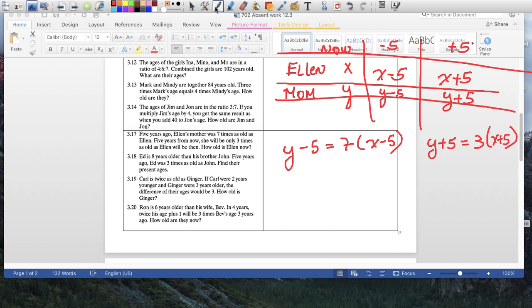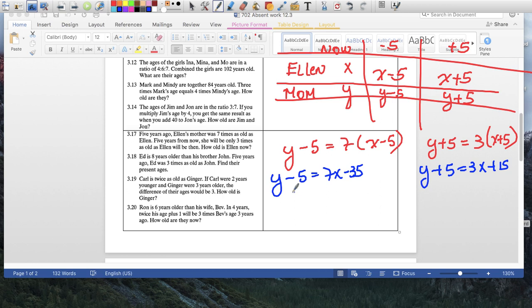Okay, I didn't want to do this, but you know what, why not show you. So here's Y minus 5 equals 7X minus 35. And what I'm going to do is do everything in terms of Y. On this side, Y plus 5 equals 3X plus 15.